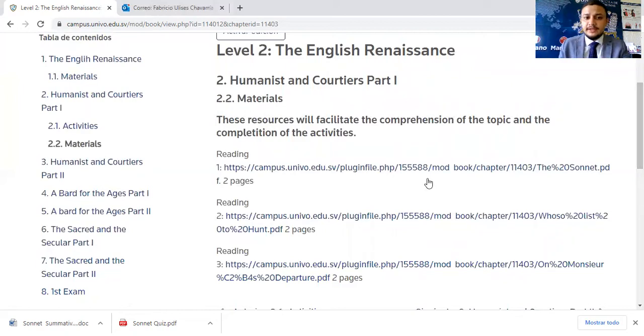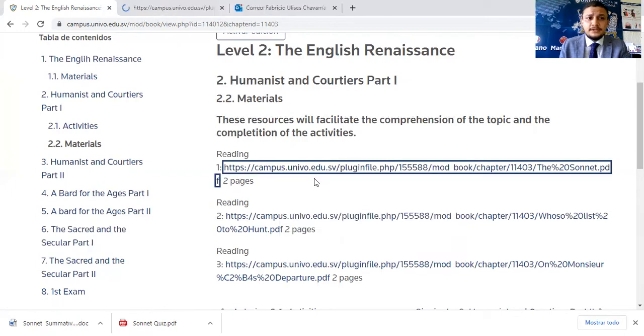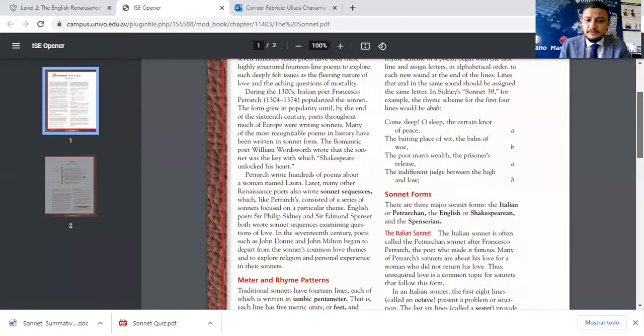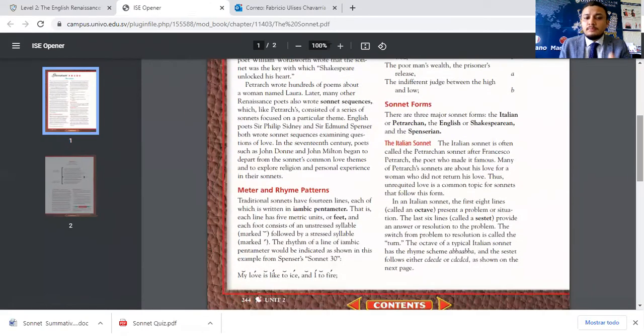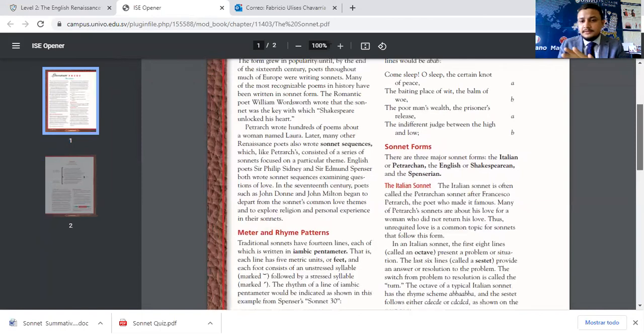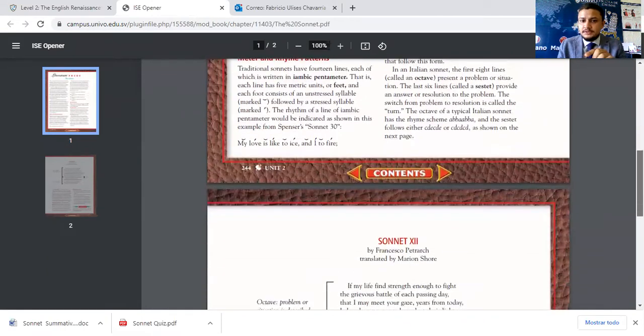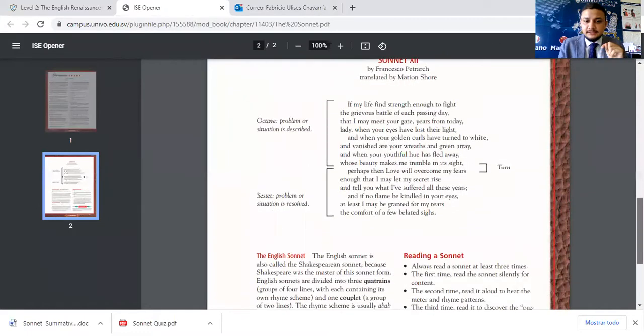But the first reading is 2 pages long, a document referring to the history and development of the sonnet, what a sonnet is about, the forms of the sonnet, and the crucial information about meter and rhyme patterns. There are different types of sonnets.